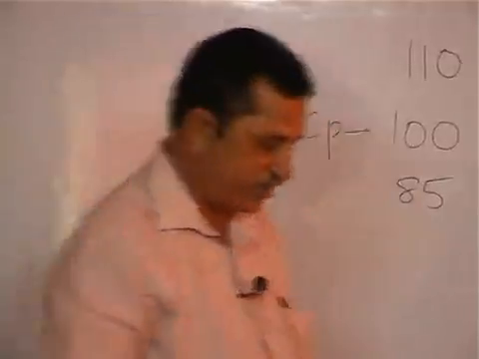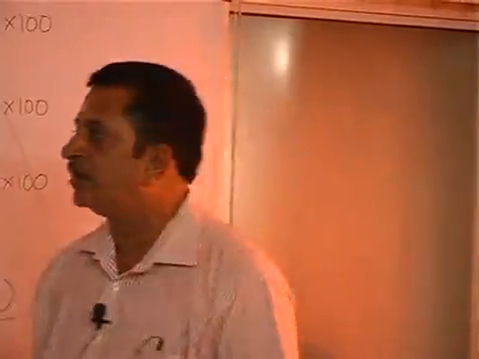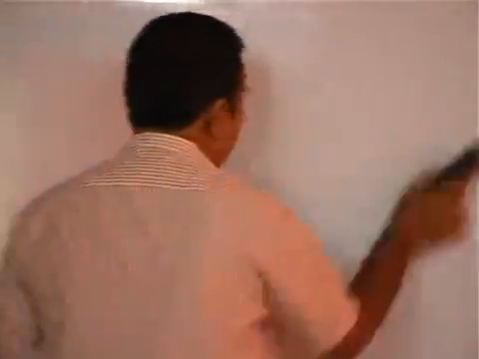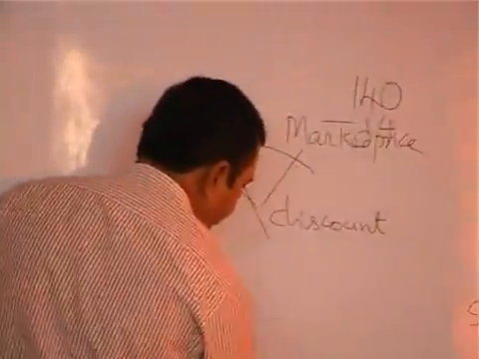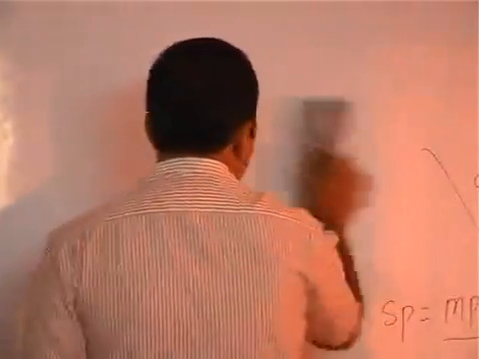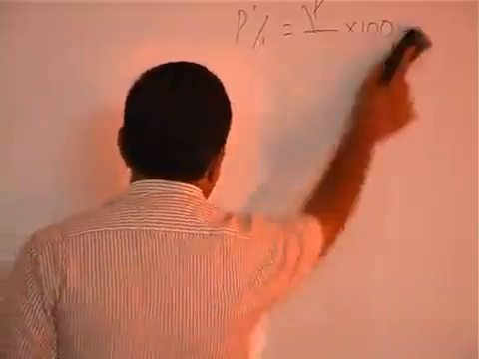First problem, you only see the difference between the methods. The cost price of an article is rupees 1250 and the profit earned is rupees 250.